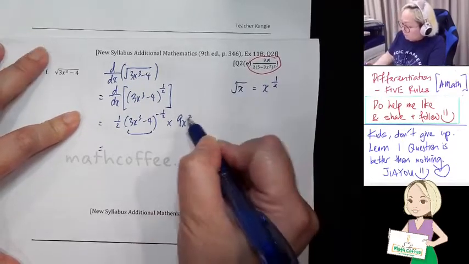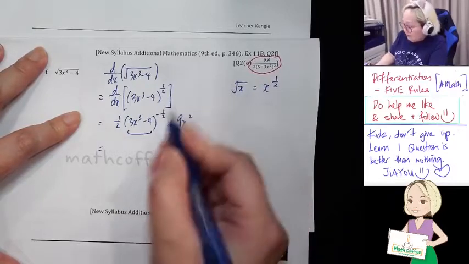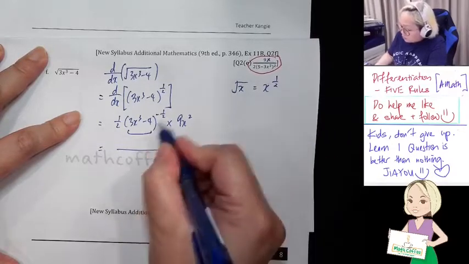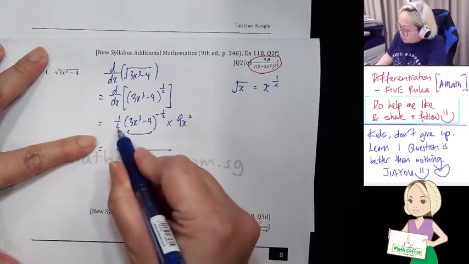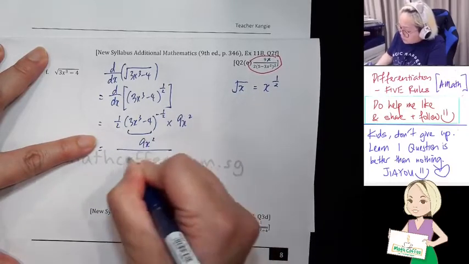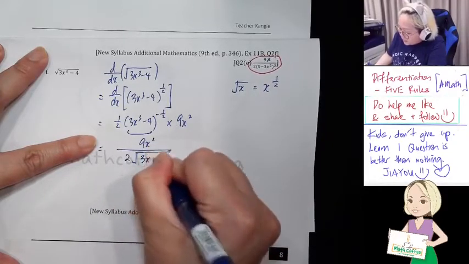Okay, let's move on. Since this one is minus half, I know it needs to be a fraction, so let's put a fraction first. This will go down. Before I write that, I will write the 2 first, and the 9x squared belongs to the top. So I put it here, and the 2 will be here. Then this will be square root 3x cubed minus 4.